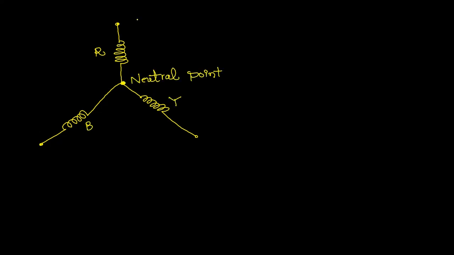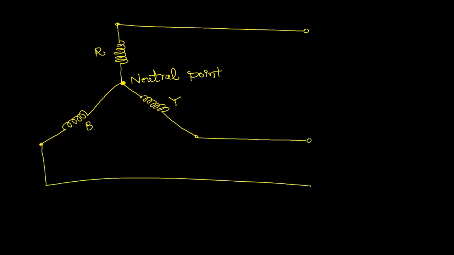So this is the star connection. From this point we have a neutral point, and from the R phase I'm taking one terminal, from this another terminal, and from this point another terminal. Now this is R phase, this is Y phase, and this one is B phase.